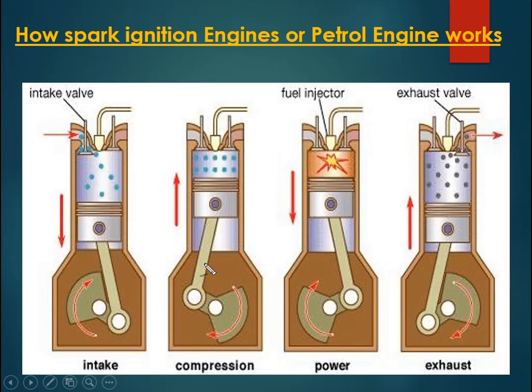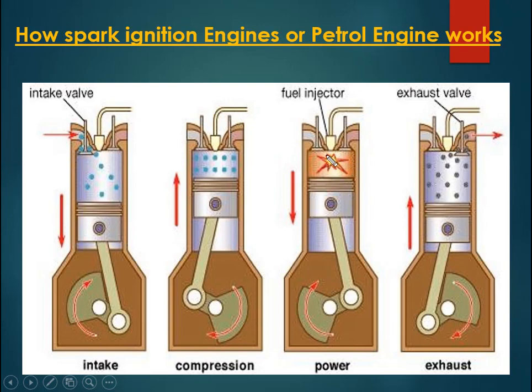Now, in the compression stroke, the piston moves in the upward direction, and because of that the fuel air mixture is pressurized, and its pressure and temperature increase. At this stroke, the intake valve as well as the exhaust valve remain closed. Now in the third stroke, when the piston reaches the uppermost possible position, the spark plug ignites the spark, and because of that the combustion reaction starts.